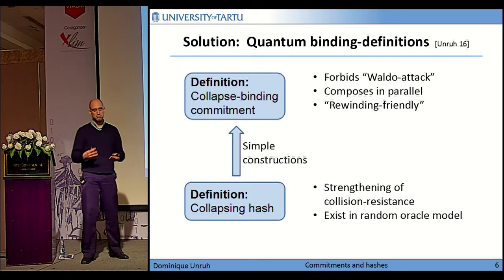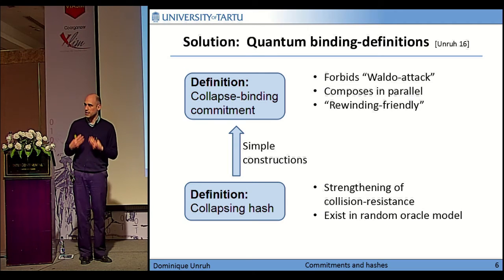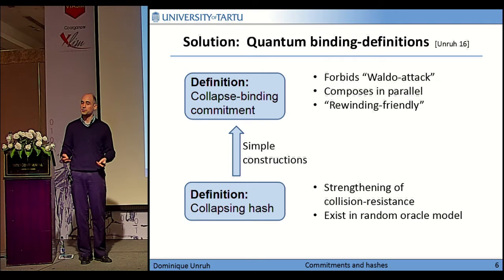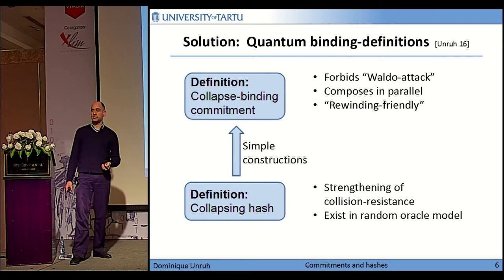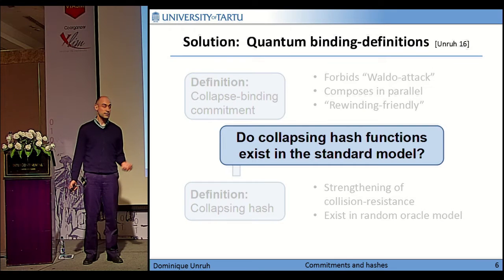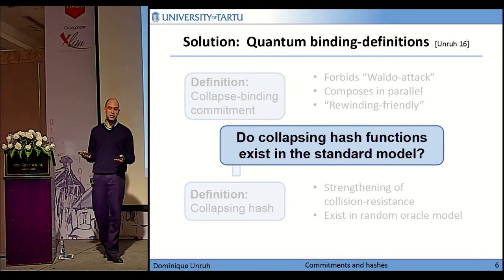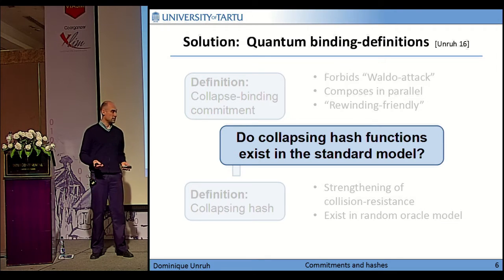And I claim it is what we actually want from a hash function in a post-quantum setting. And it was shown that such functions exist in the random oracle model. But the big question that remained open is, do collapsing hash functions also exist in the standard model?